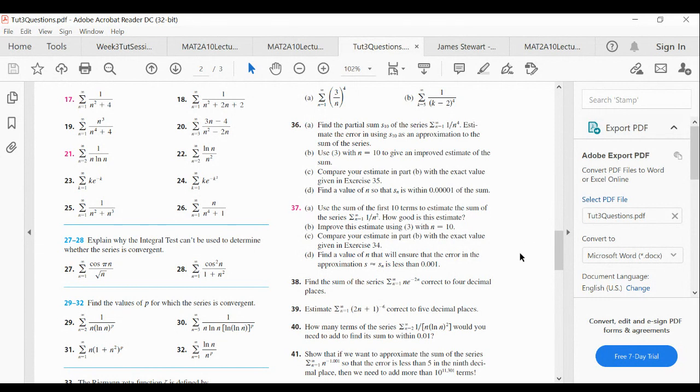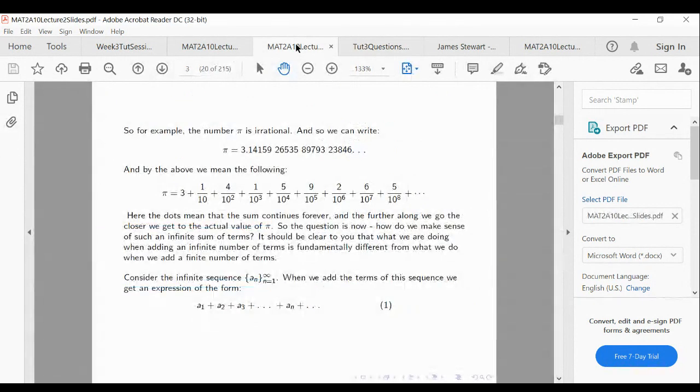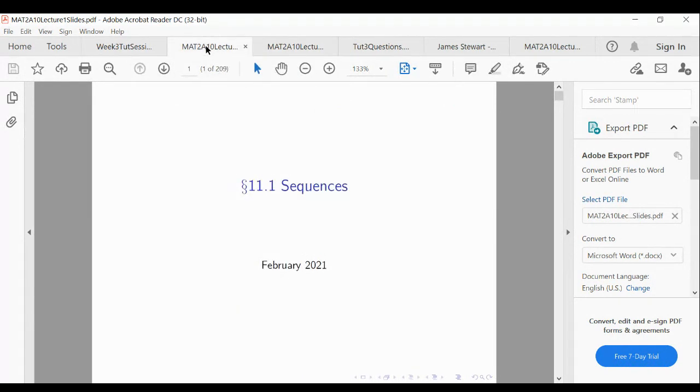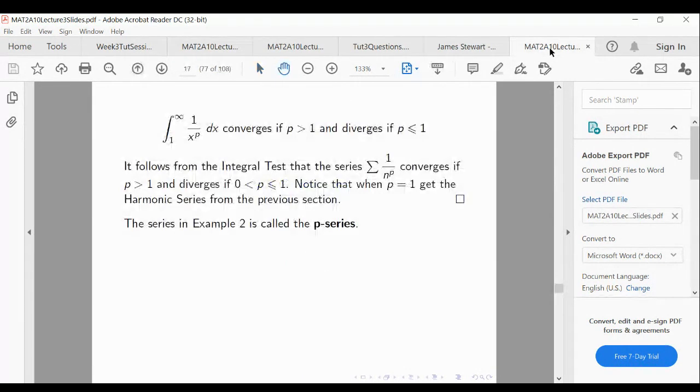I think we may actually need some of the material we haven't covered yet. Lecture 2 slides, lecture 1 slides, lecture 3 slides.